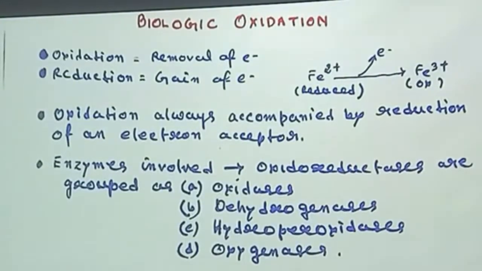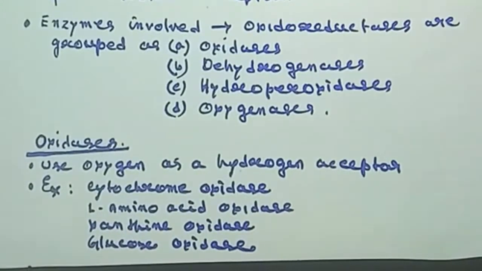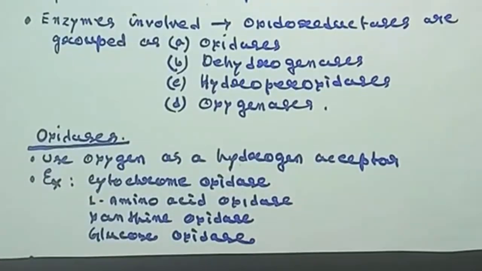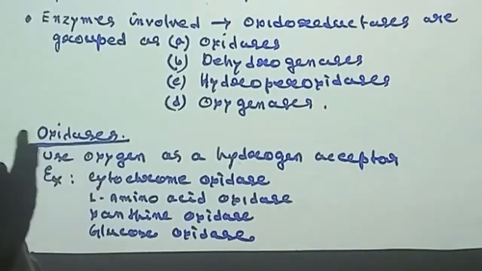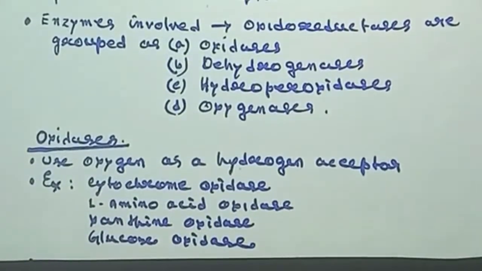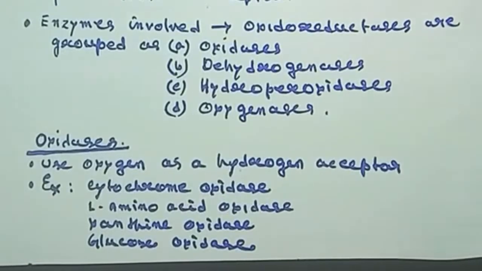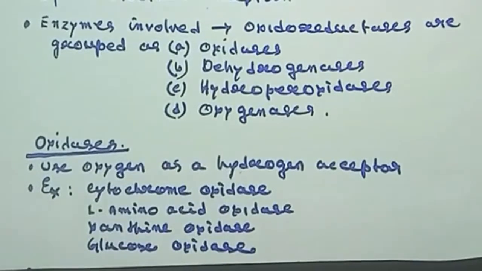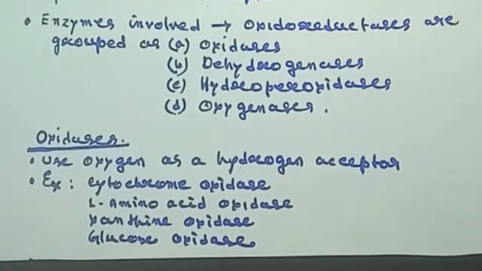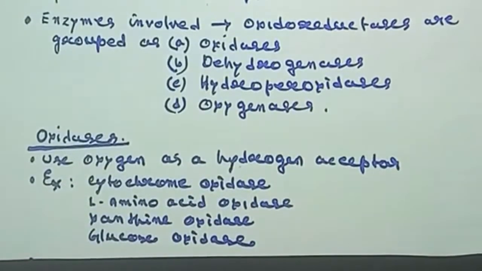Now what are oxidases? Oxidases use oxygen as the hydrogen acceptor. You can find certain pathways where directly the oxygen molecule is going to accept electron. Now this is very much evident in our respiratory chain of final oxidation.